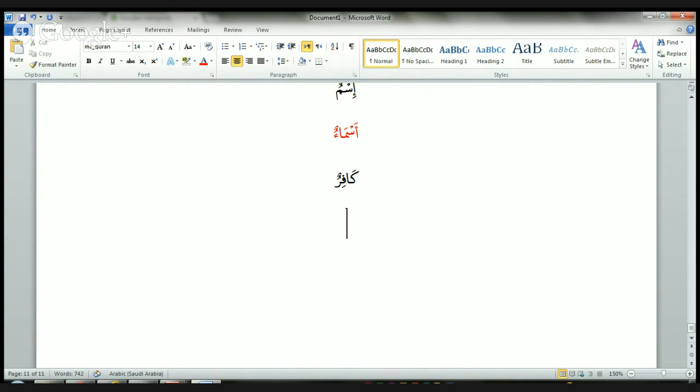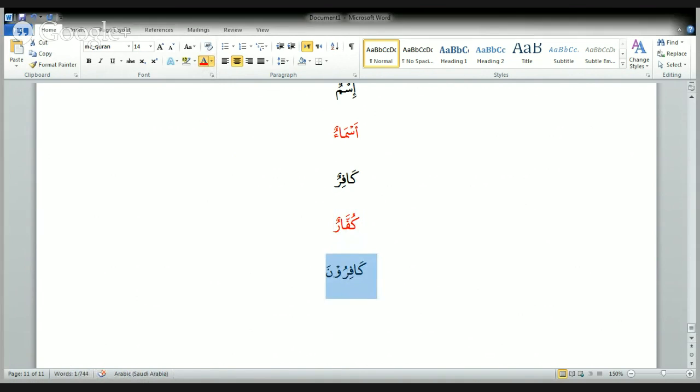كافر. Do you know of more than one plural for this? Good. Kuffar. And Surat al-Kafirun. But this is the broken plural, and this is the sound plural.